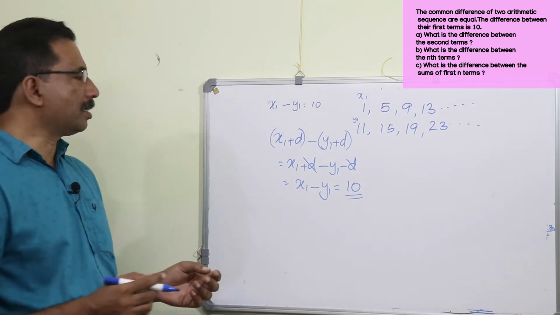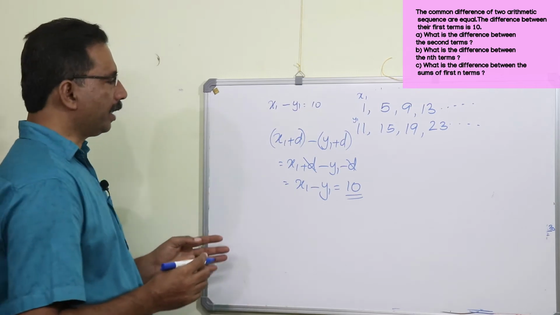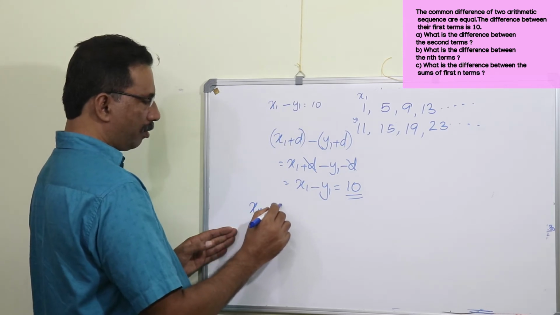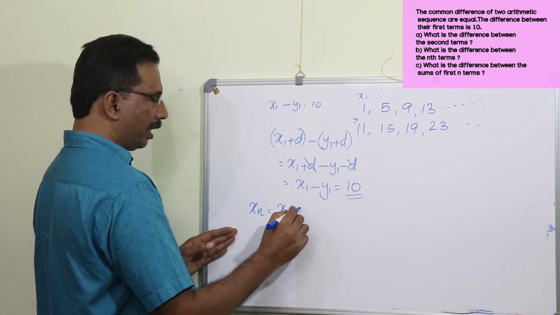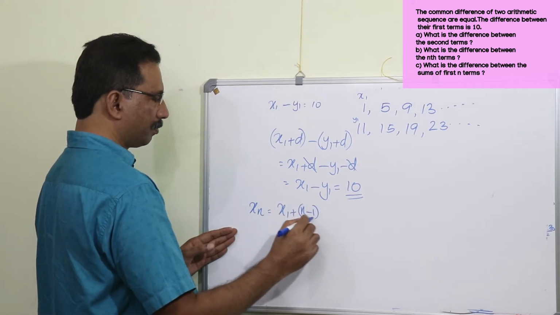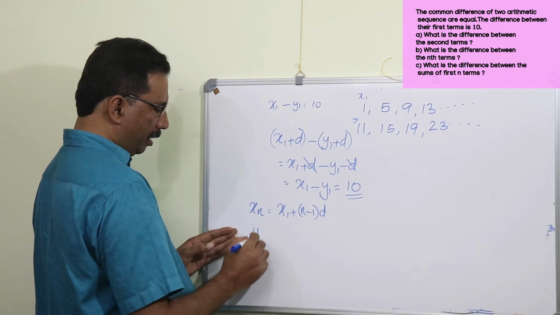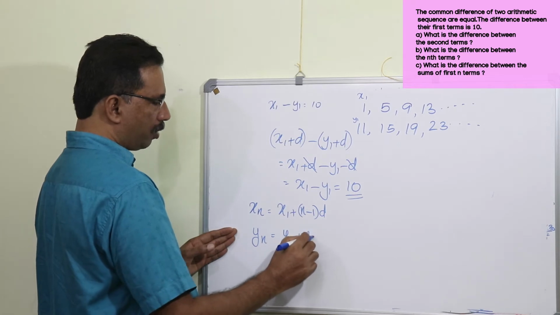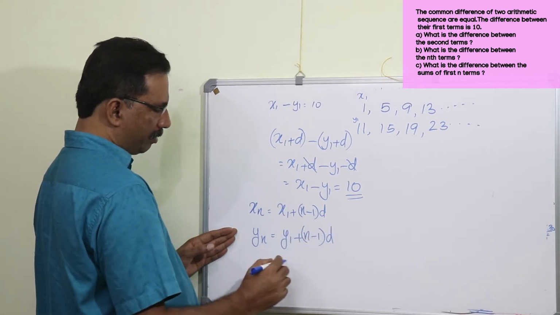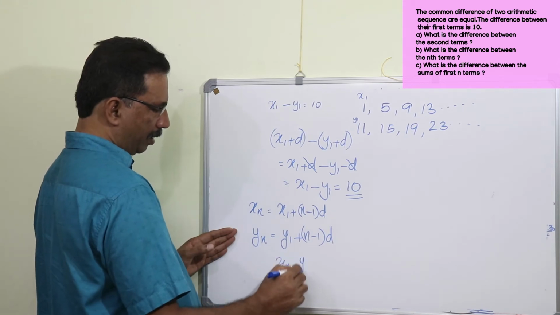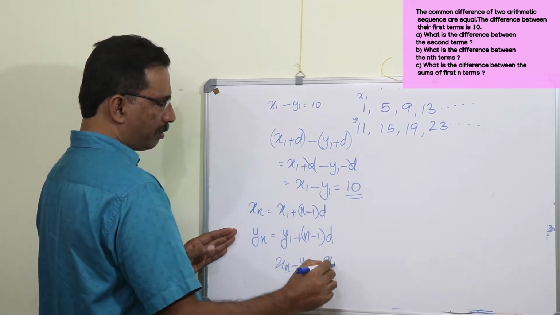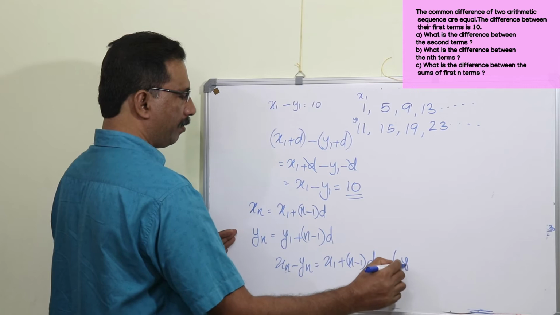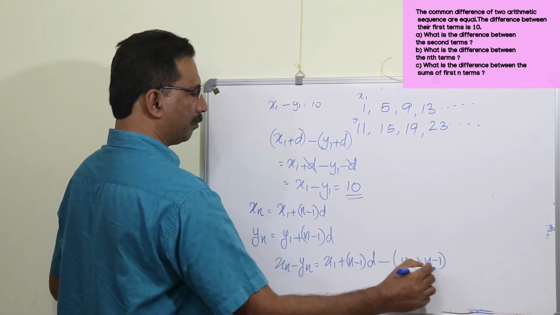Next question is, what is the difference between the nth terms? Let us write the nth term of the first sequence as xn is equal to x1 plus n minus 1 into d. And the general term of the second sequence is yn is equal to y1 plus n minus 1 into d. And what is the difference? xn minus yn is equal to x1 plus n minus 1 into d minus y1 plus n minus 1 into d.